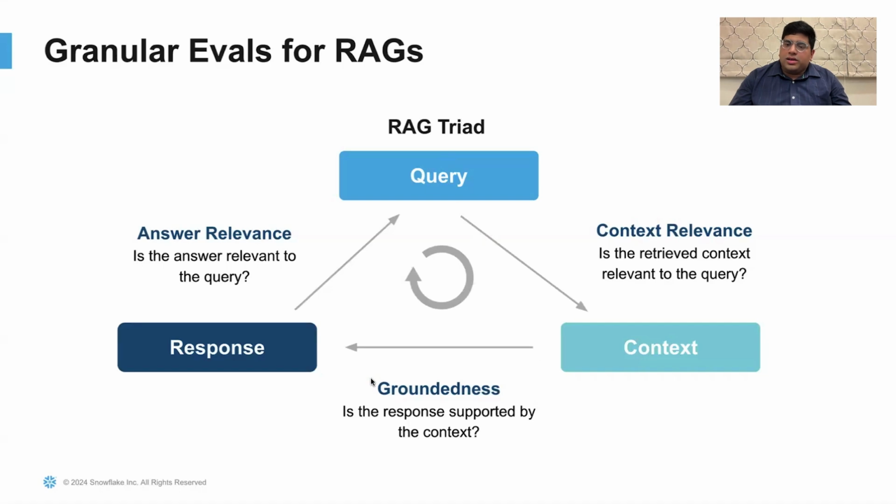Second is groundedness, where you're checking if the final response is supported by the context that was retrieved. And finally, answer relevance, which is telling you whether the final response that the app gave is relevant to the query or not. These three evaluations are powerful in determining whether your RAG application is trustworthy or not, and is it safe to deploy in production.